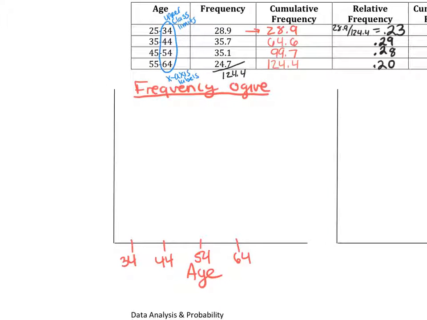And then since it's a frequency ogive, our y-axis is going to be the cumulative frequency. Ogives are always cumulative. So our cumulative frequency has to go up to 124.4. So we'll do 125. Go up by 25s.